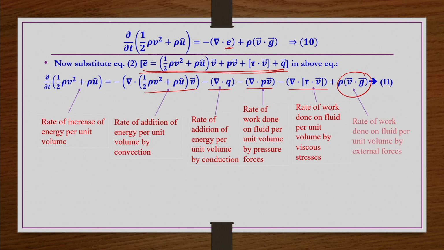The last term is the rate of work done on fluid per unit volume by external forces. So you can see that in this equation the energy is written per unit volume, everything per unit volume. That should be carefully observed.